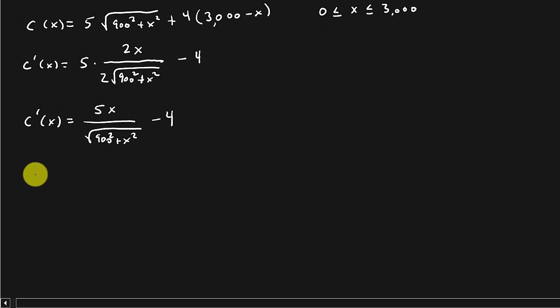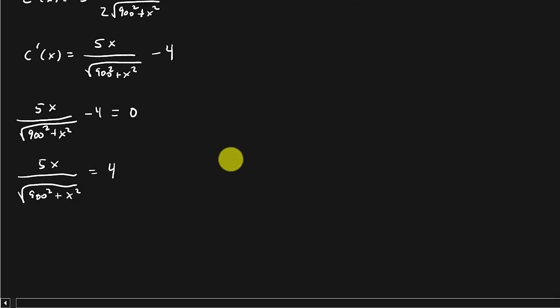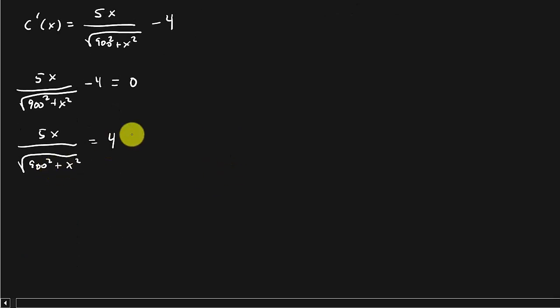And so now let's set 5x over the square root of 900 squared plus x squared minus 4 equal to 0. So I get 5x over the square root of 900 squared plus x squared equals 4. If we multiply this up, that gives me 5x equals 4 times the square root of 900 squared plus x squared.